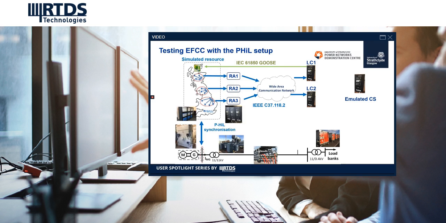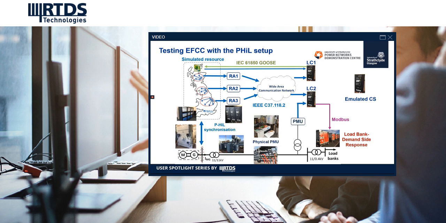Once an event is detected and a frequency response is required, then local controller 1, for example, would control an emulated resource in the simulation via GOOSE messaging. And local controller 2 is able to action a control command to the load banks via Modbus.